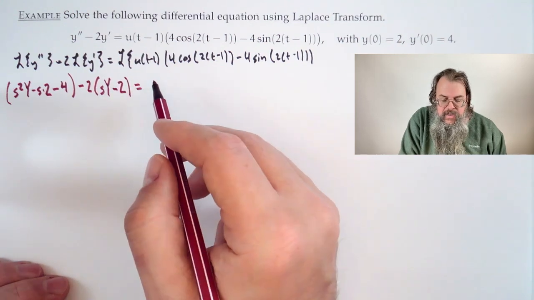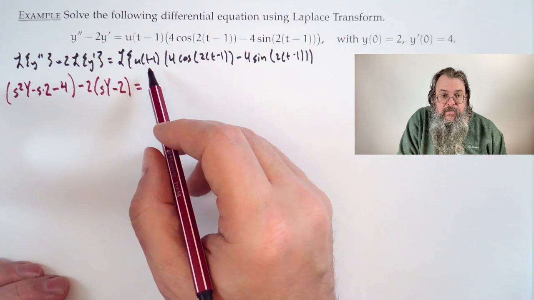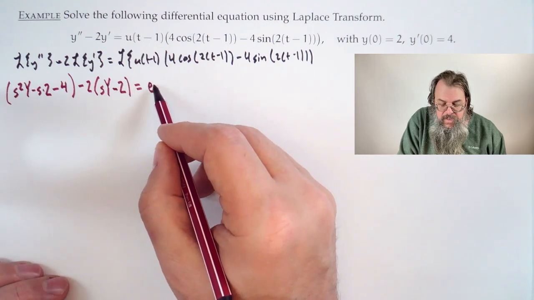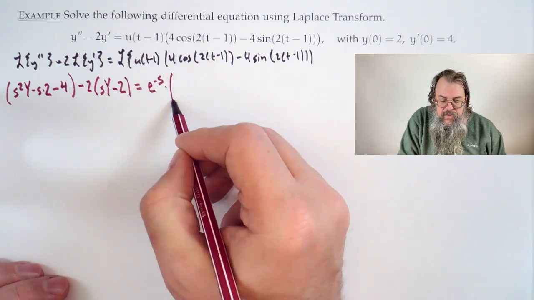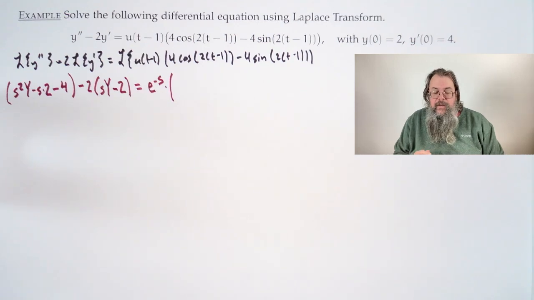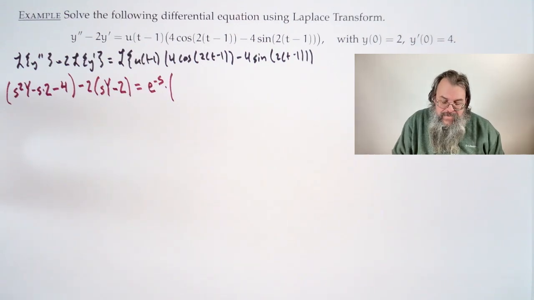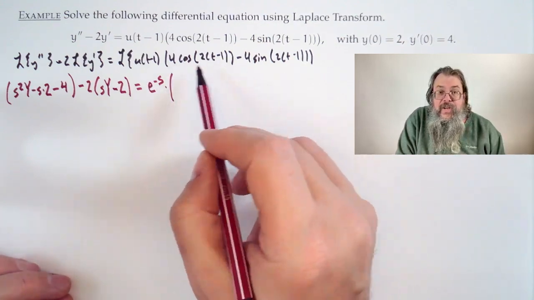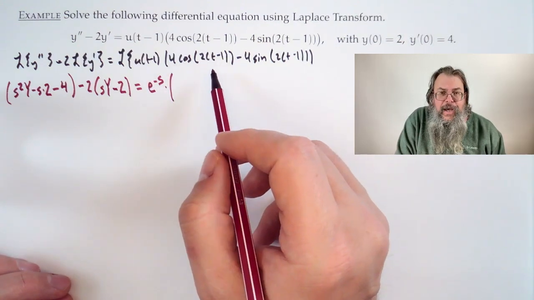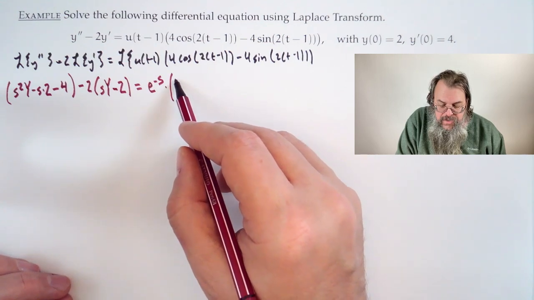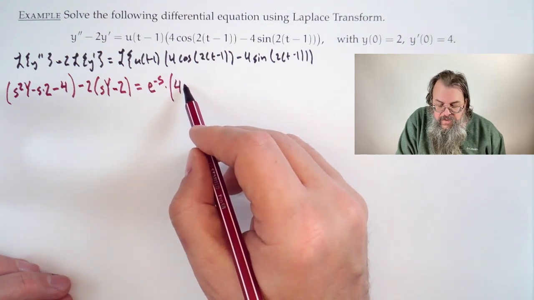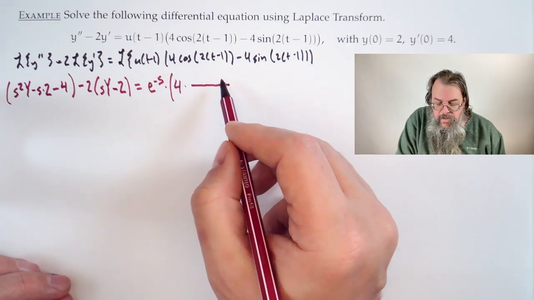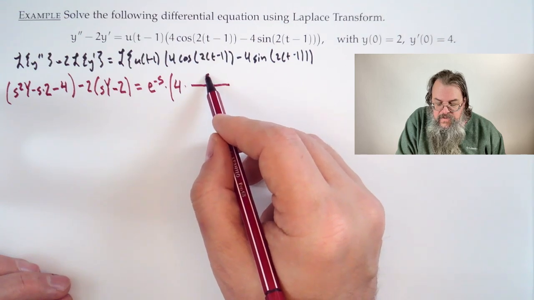All right, on the other side, we see this u of t minus 1, so that's going to come in e to the minus s. Might as well put it in the front. Doesn't really matter whether it's in the front or the back. That's how multiplication works. Now, if we'd had the unshifted version, this would be cosine of 2t. And cosine of 2t is on our chart. So the 4 is the constant, and cosine is the one which has an s upstairs.